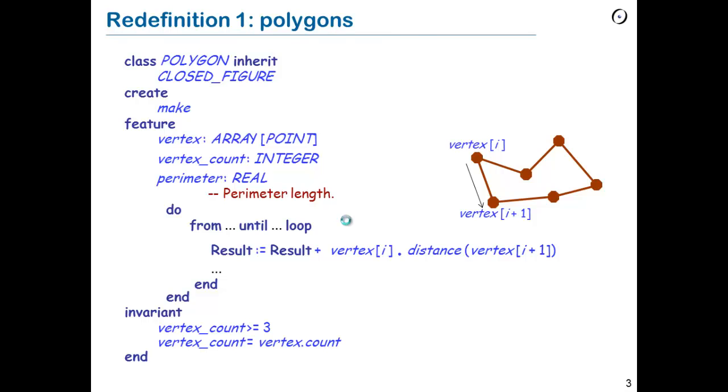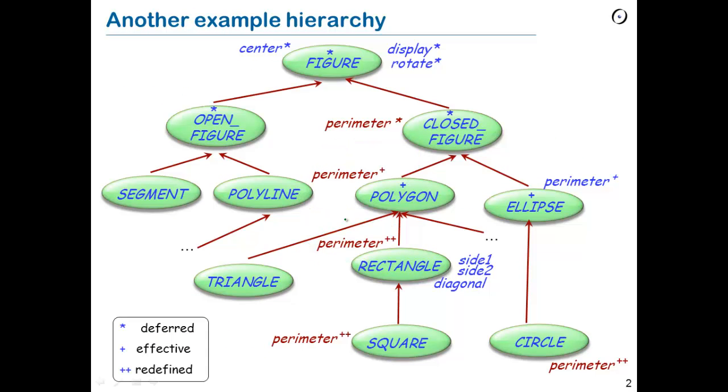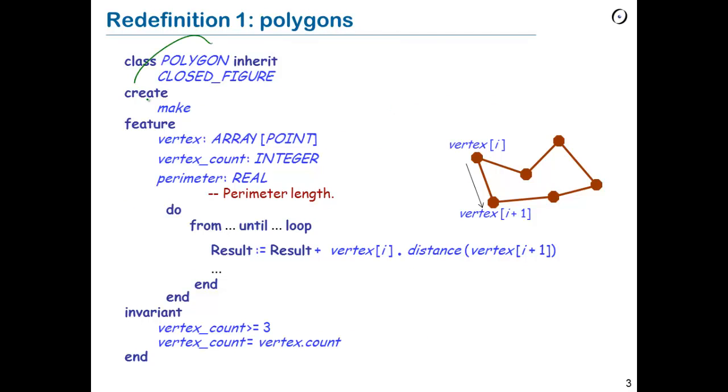Polygon, as we've seen, inherits from closed figure, so we write it in the code. Polygon inherit closed figure. There's a creation procedure which will enable us to create a polygon, and then there's a set of features. So we have vertex, which could also be called vertices, because it actually denotes a set of one or more, actually 0 or more vertices. And it's represented by an array of points.